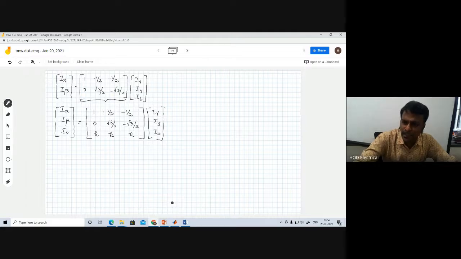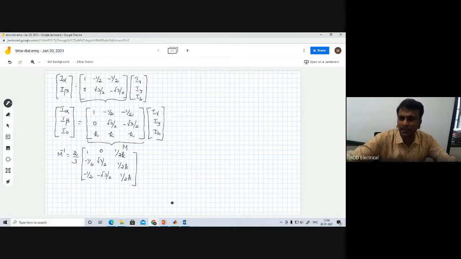Now, if you take this matrix as the M matrix, when we take the inverse of M, it will be 2 by 3 into 1, minus 1 by 2, minus 1 by 2, 0, root 3 by 2, minus root 3 by 2. We have the last row 1 by 2k, 1 by 2k and 1 by 2k.